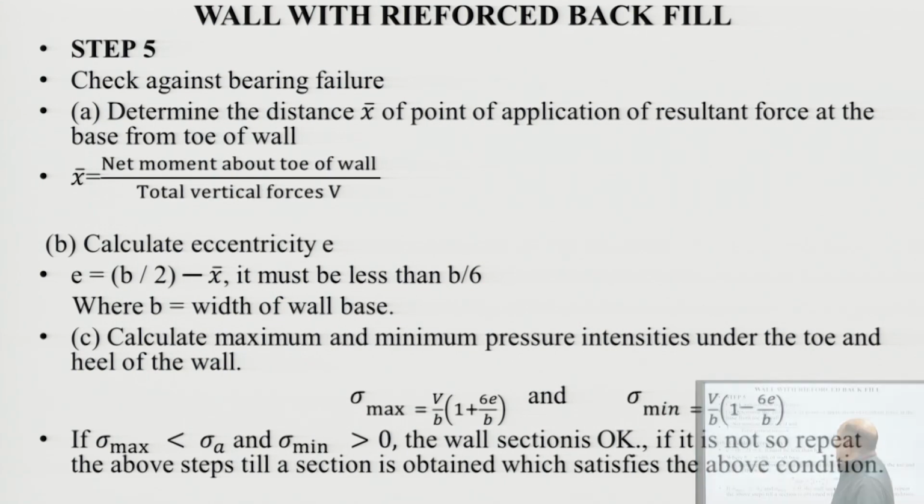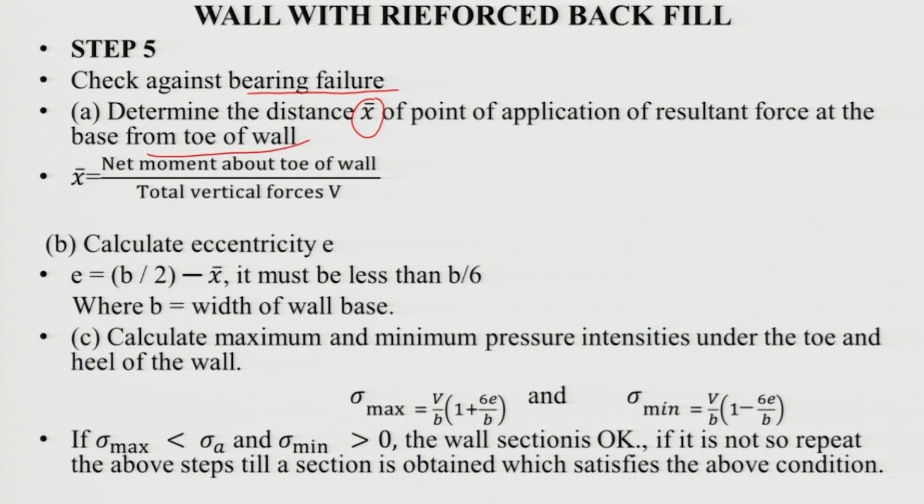The next step is step 5. Here we check against bearing failure. The first, A, is determine the distance x bar of point of application of resultant force at the base from the toe of the wall.